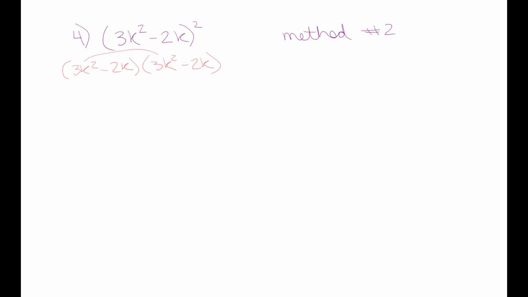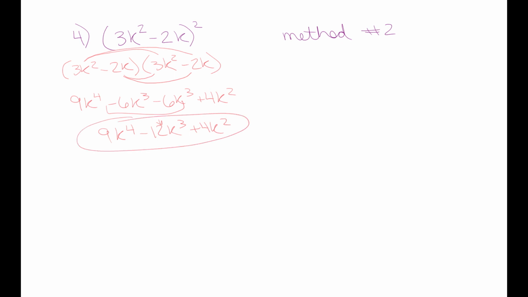So 3k squared times 3k squared is 9k to the fourth. 3k squared times negative 2k would be negative 6k cubed. Here we would have negative 6k cubed. And right here we would have positive 4k squared. Combining like terms, you would get 9k to the fourth minus 12k cubed plus 4k squared.